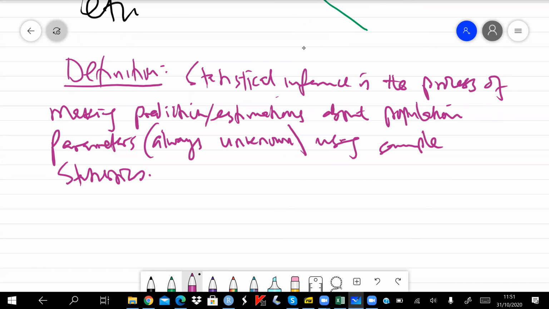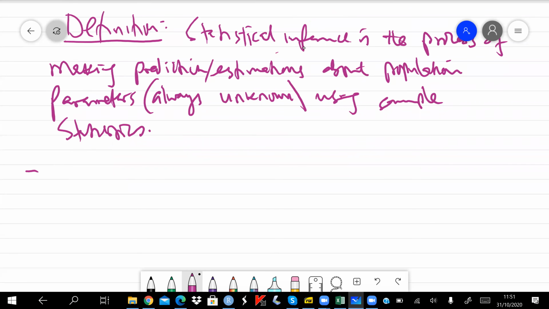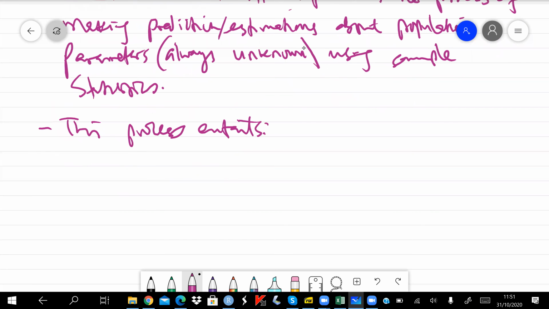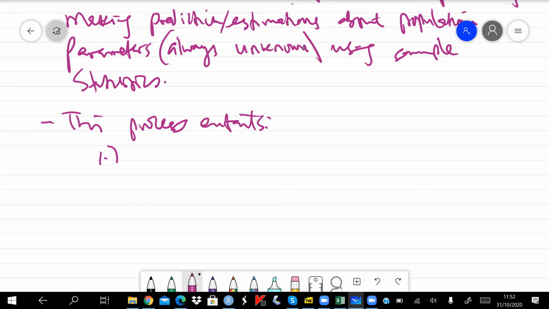Okay. So this process entails two main things. This statistical inference can be broadly classified into two. There are two main sub-branches of statistical inference. Number one, we have estimation. And number two, we have hypothesis testing.